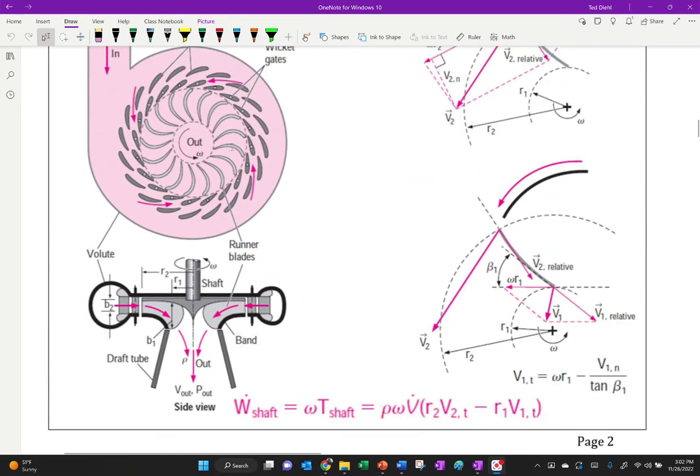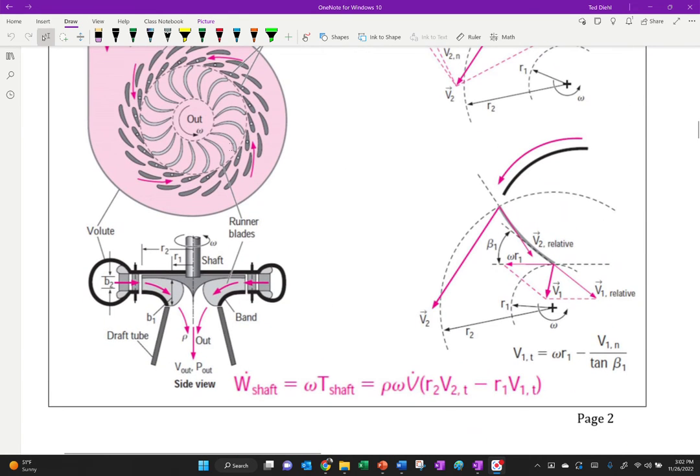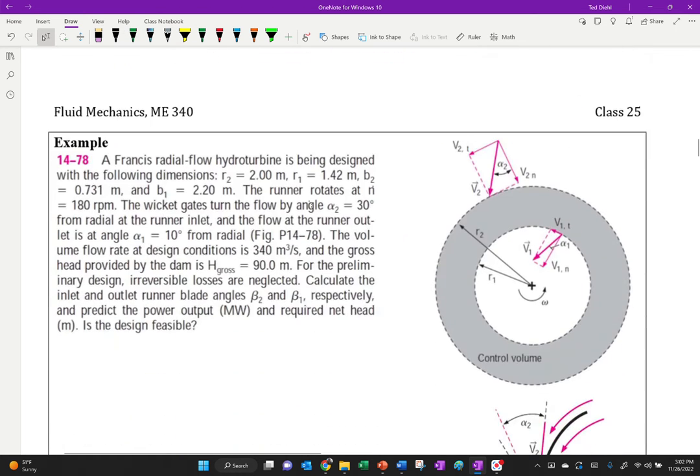So those are these parameters right here, right there, and right there. So that's the sizes of these.